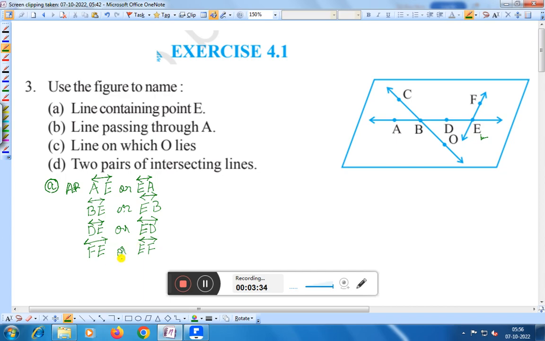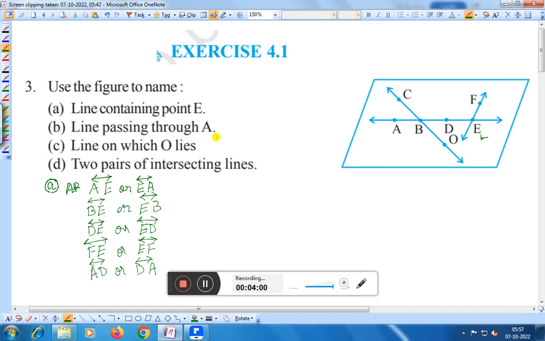And also AD or DA. You can write it both ways. This is the solution of question number A, the line containing point E.